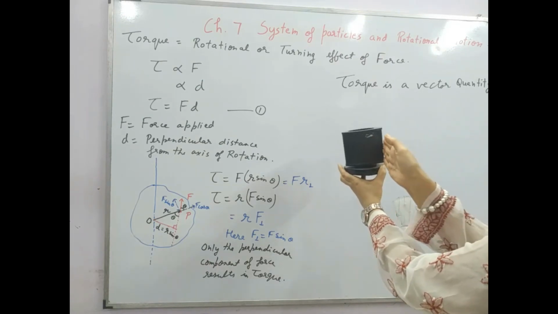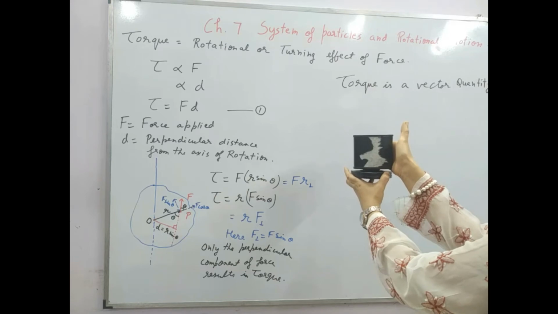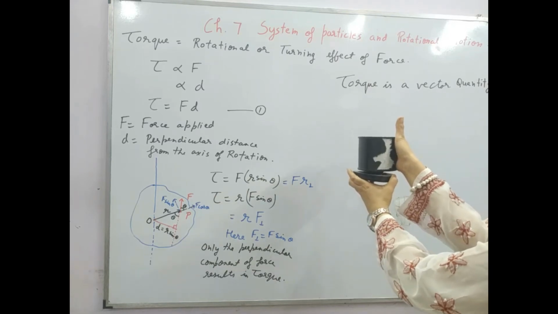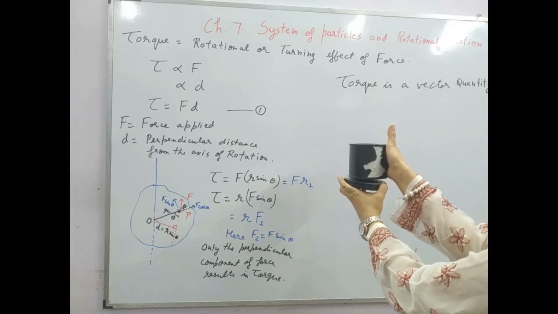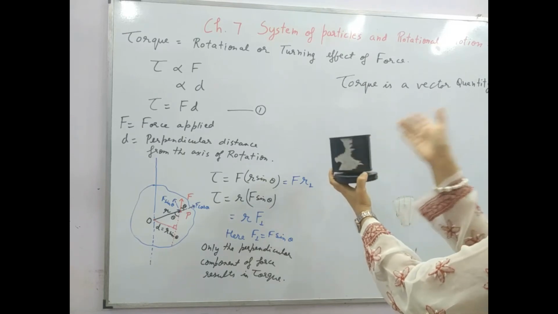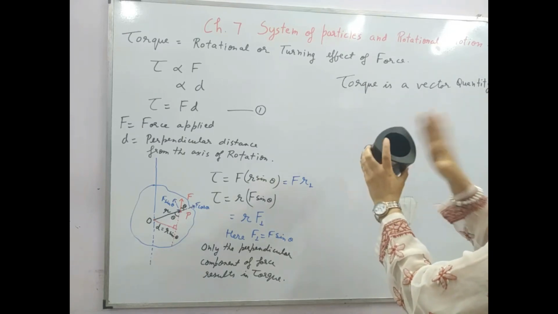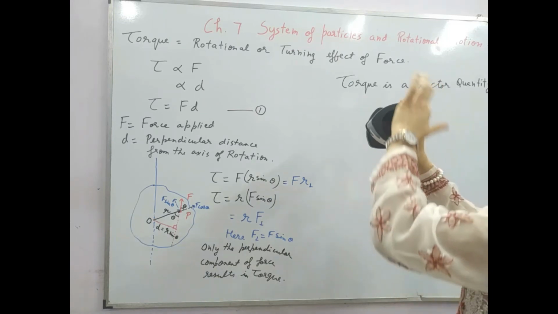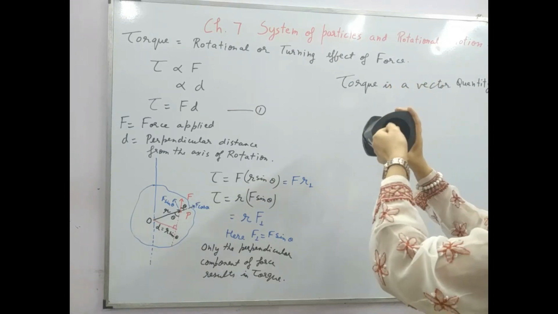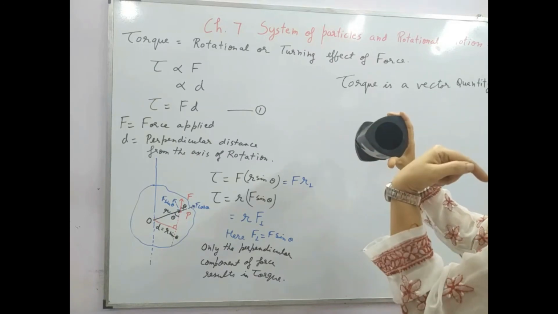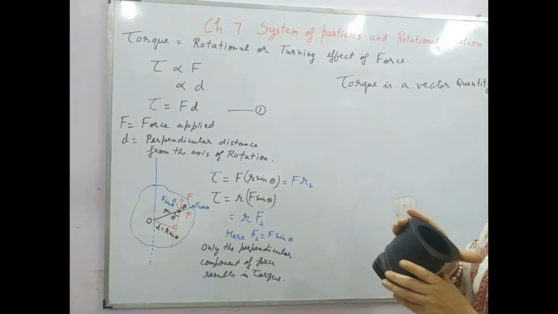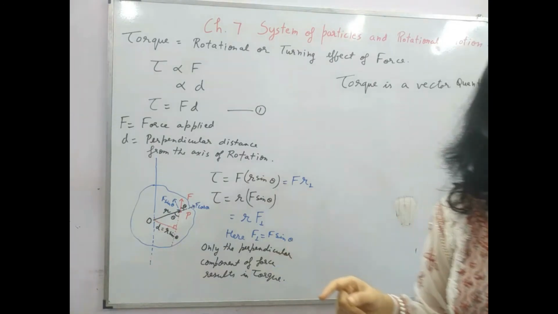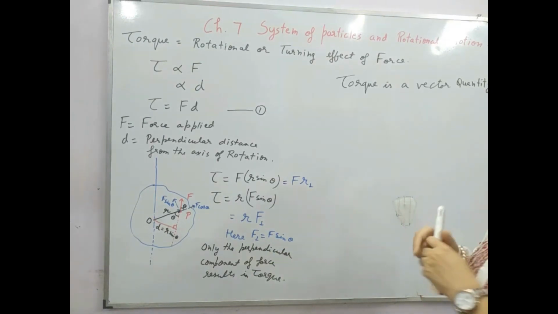So if I keep my fingers in the direction of the sense of rotation of the body, then my thumb will give the direction of torque, right? So if you are looking at the top view, and this is the direction of rotation of the body, then normally outward torque will be there, because we know that from this expression we can write it in cross product form also.